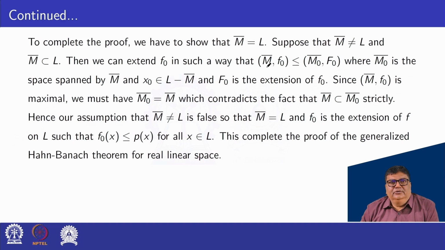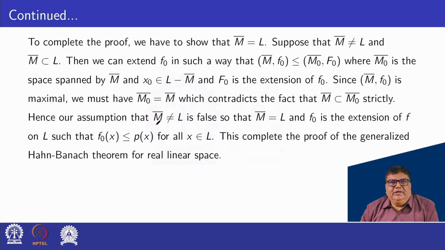Okay, so with this space, F0 is an extension of small f0. Since the ordered pair (M bar, f0) is maximal, we must have M0 bar equal to M bar, which contradicts the fact that M bar is strictly a subset of M0 bar.